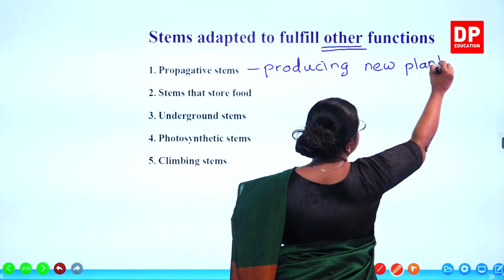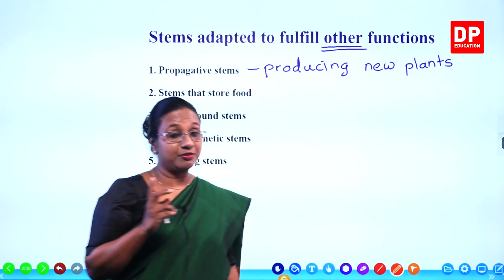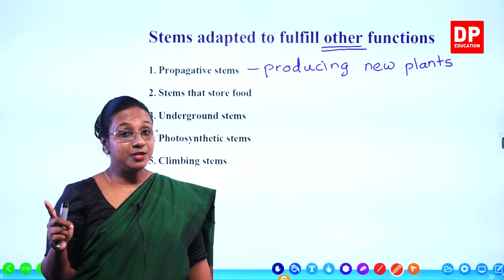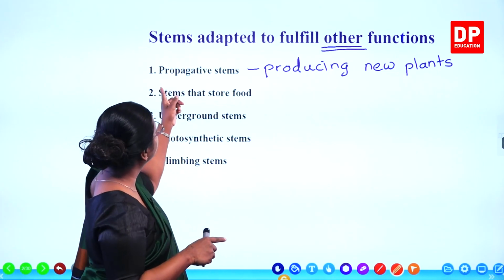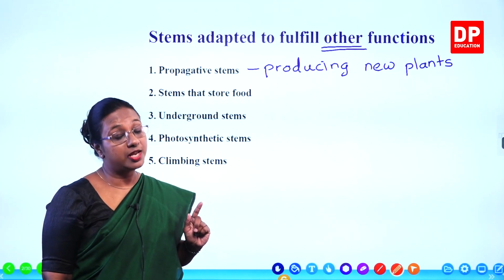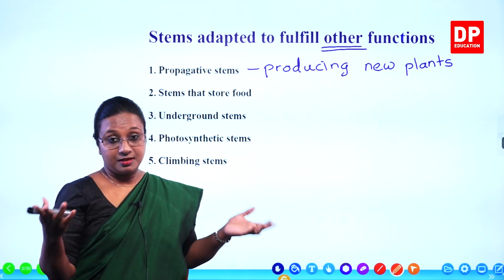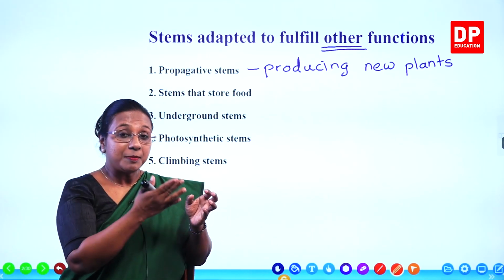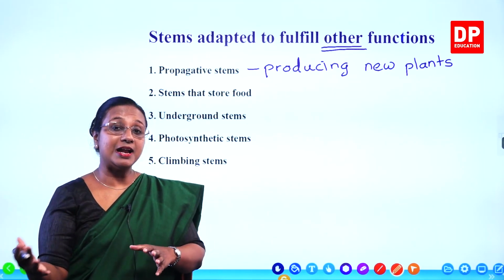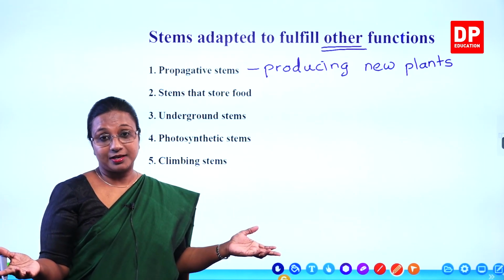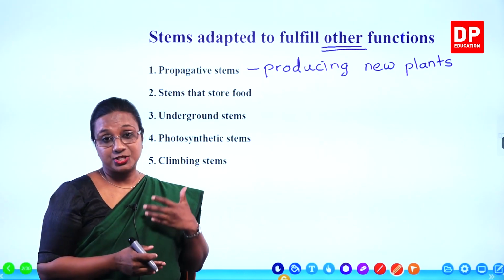We have already discussed propagative leaves. Can you remember that? Leaves that produce new plants. Like that, there are stems that produce new plants. You have seen when people cut the part of a stem and replant it, it grows into a new plant. So that is propagation by stems.